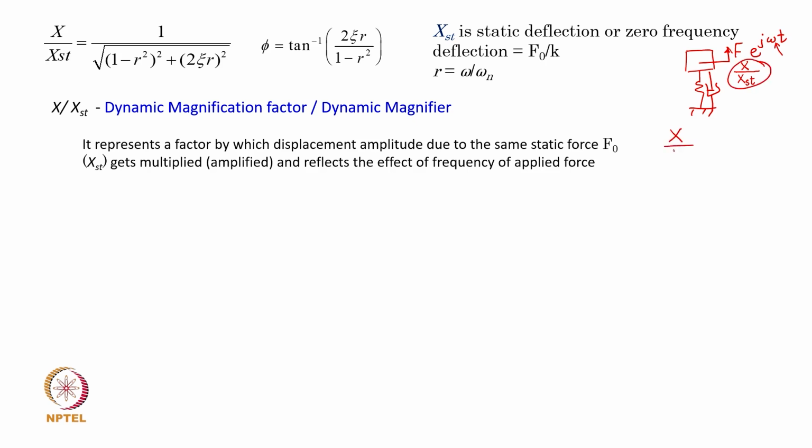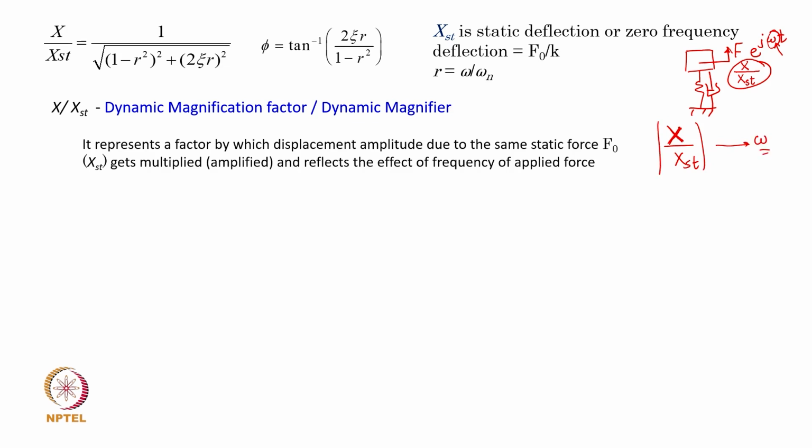So, what has been done now is we shall have a look at how this ratio x over xst varies. Because x is going to vary with different frequency omega, it makes sense to check how this ratio varies as I keep changing the value of omega from 0 onwards.